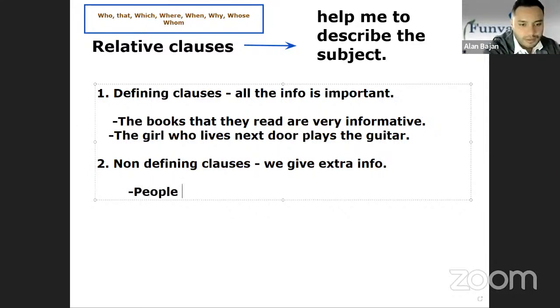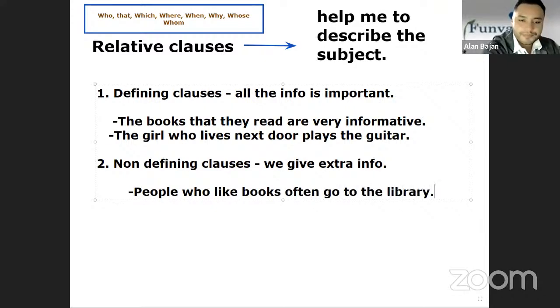People who like books often go to the library. So can I take this one?